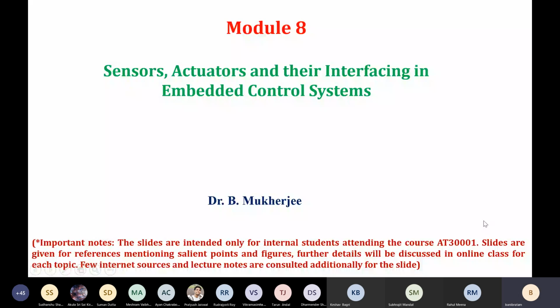So you have been acquainted with microcontroller programming, that is, the basic microcontroller architecture at the very beginning, which is a system.